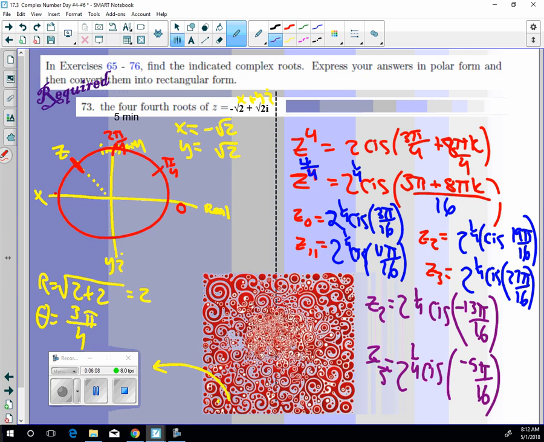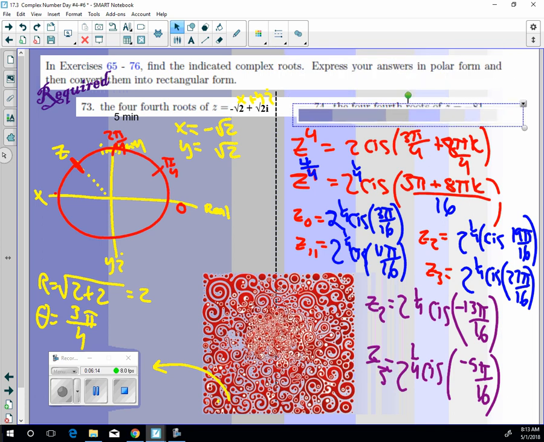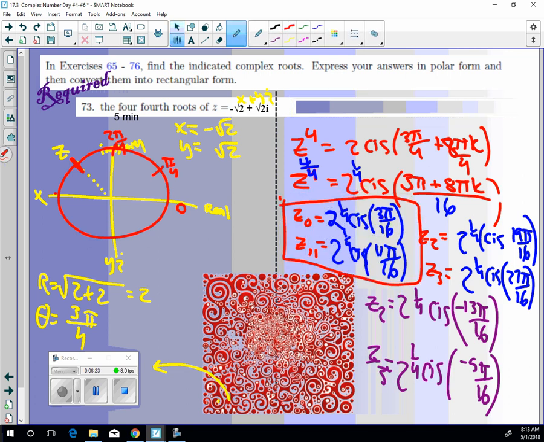Woo! Those are the 4. And I think you're right. Well, that's just a different problem. I thought that was the answer. I know these are right. So here's these two. 3 pi over 16, 11 pi over 16, and then negative 13 pi over 16, negative 5 pi over 16.